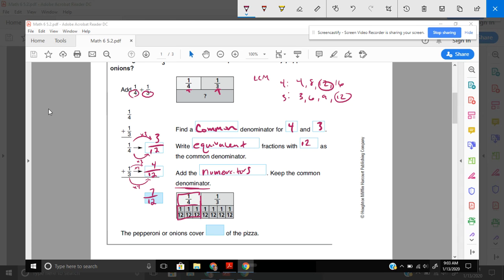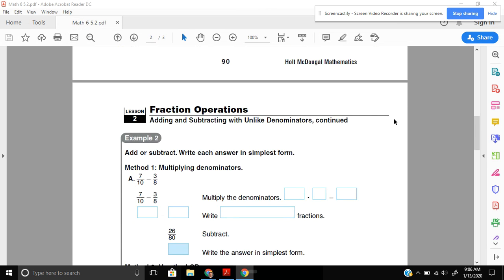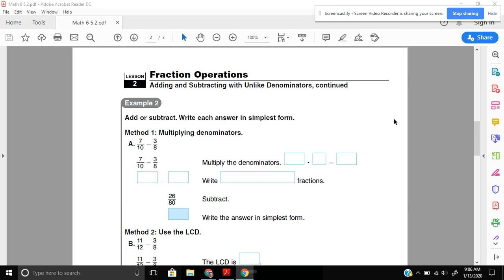And here, 1/3 represents the same as 1, 2, 3, 4 twelfths. So the pepperoni or onions cover 7 twelfths of the pizza. In other words, a little bit more than half. All right, flip to the next page for our next example.